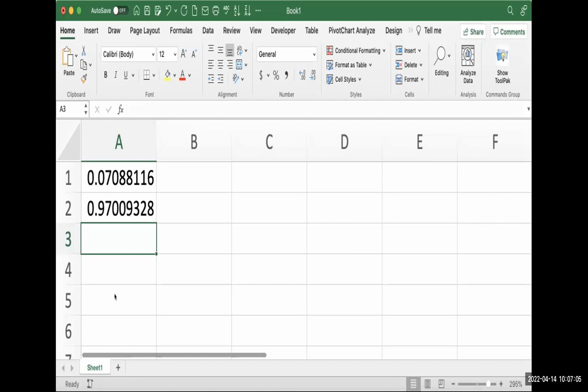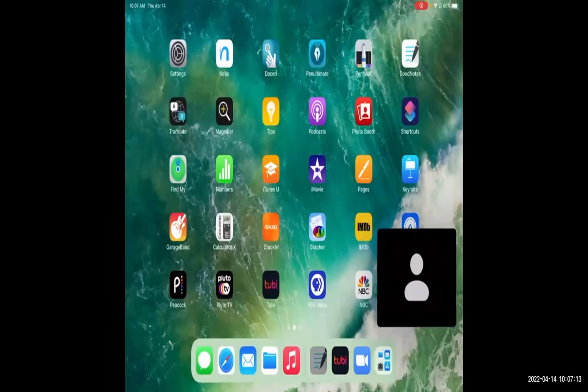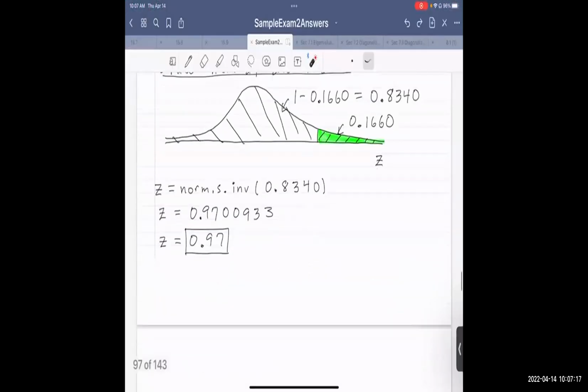Let me write that down: 0.9700933, and rounding to the nearest hundredth, 0.97.